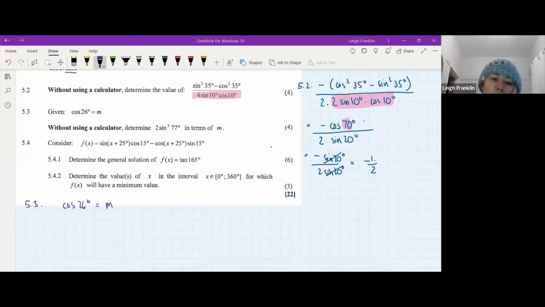So let's just talk about cos 26 is equal to m. And again, this is your co-functions that are so important. If I wanted to write the cos of 26 as the sine of an angle, what would it be the sine of?